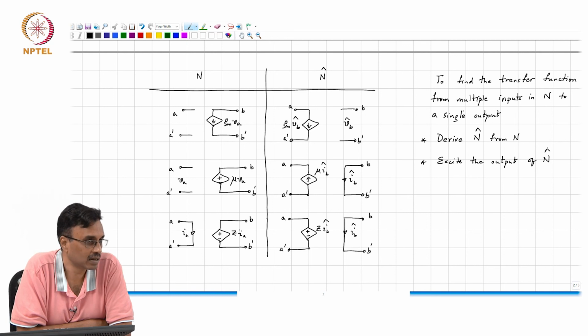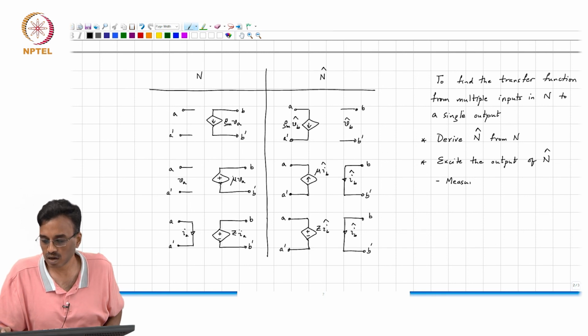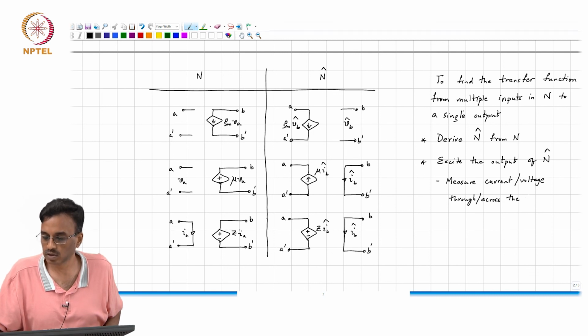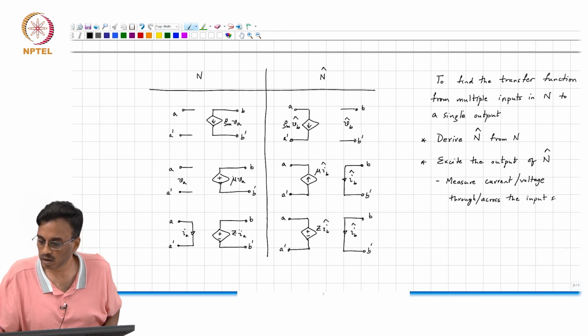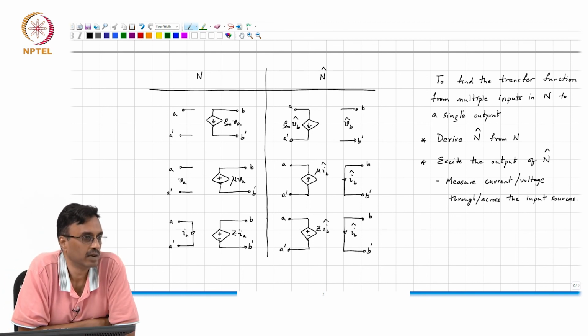Excite the output of N hat with the appropriate current or voltage excitation that the situation warrants, and measure current or voltage, through or across the independent source. Does it make sense? Yeah.